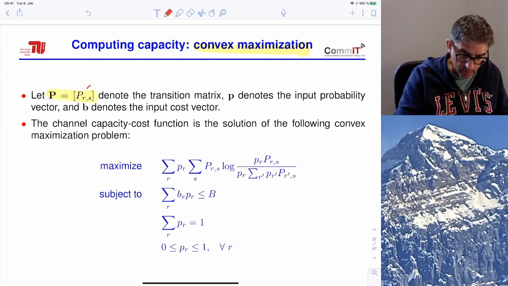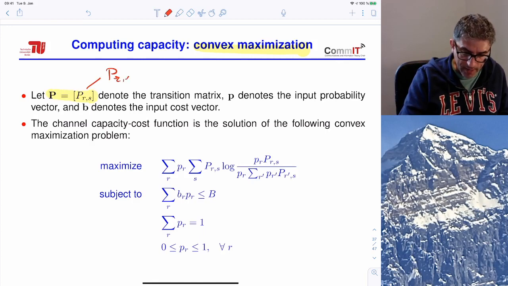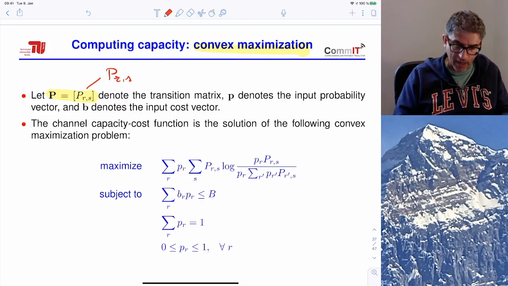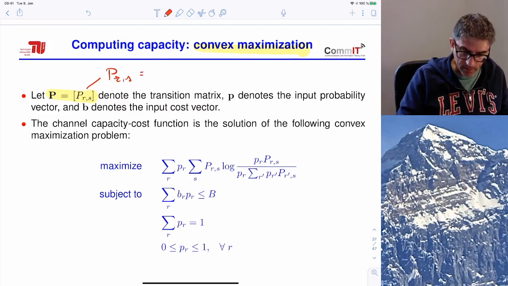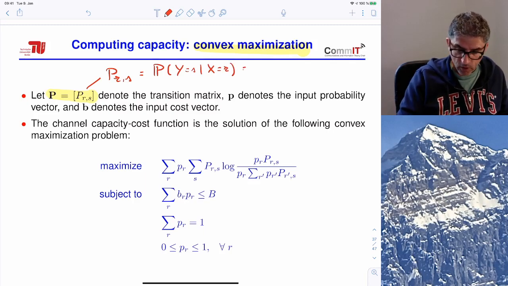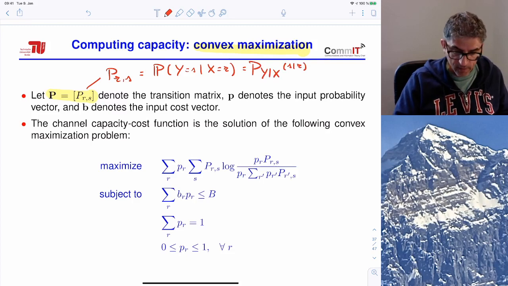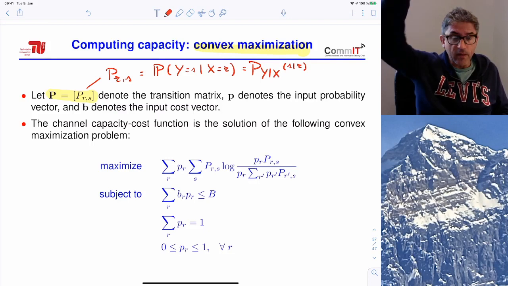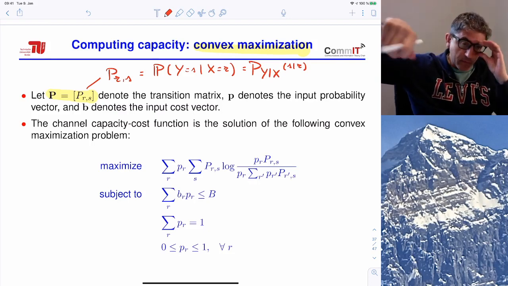P_RS, where R and S are two indices denoting input and output letters, is simply the probability that Y is equal to S given X equal to R. In other words, this is P_{Y|X} of S given R. Without loss of generality, we can index the letters of the input alphabet with integers and index the letters of the output alphabet with integers.